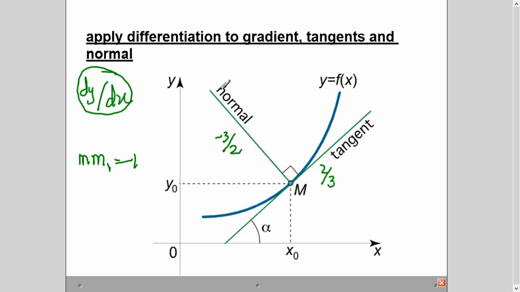Whenever you have to find the equation of the normal, which is a straight line, you need a gradient. So you differentiate and find the gradient of the tangent first. Then you take the opposite sign with the inverse of the number and you get the gradient of the normal. So this concept you need to know.